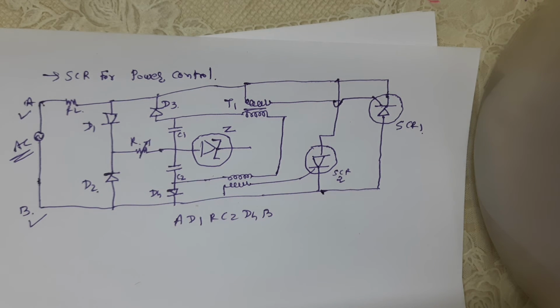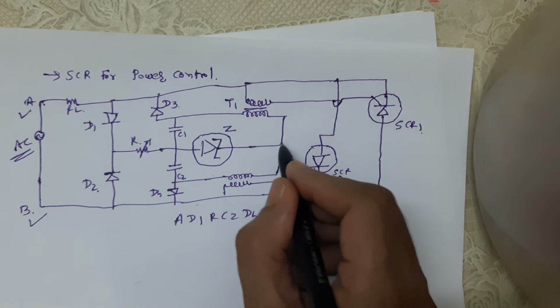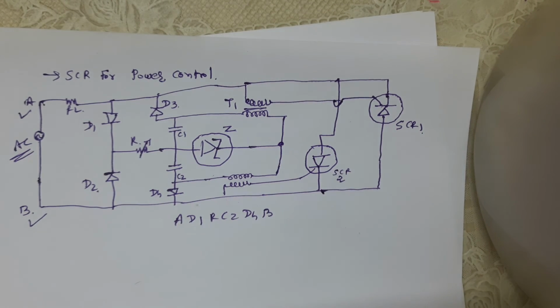The charge of the capacitor C2 depends upon the value of potentiometer R. When the capacitor C2 is charged to a sufficient voltage, it discharges through the Zener Z. See the Zener Z, it is also connected from this terminal to this terminal.